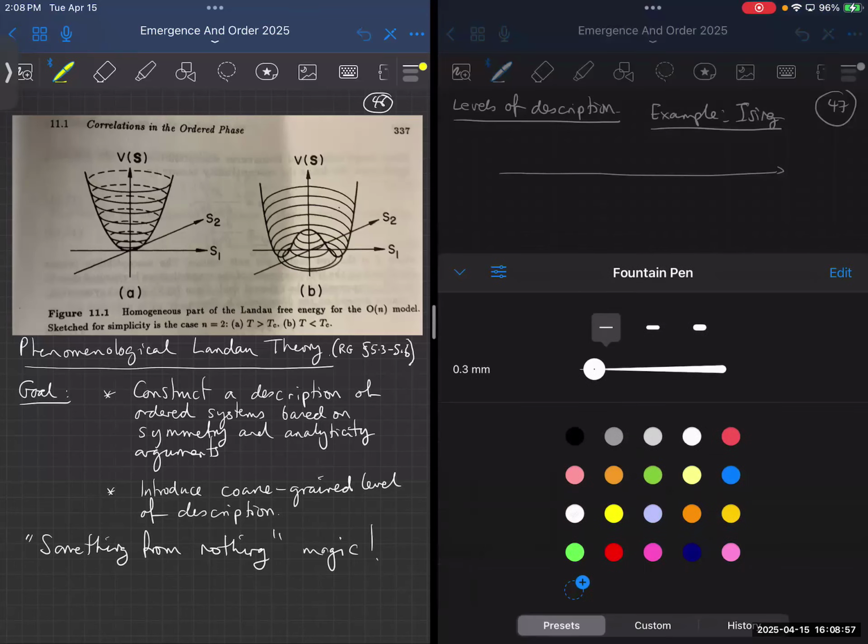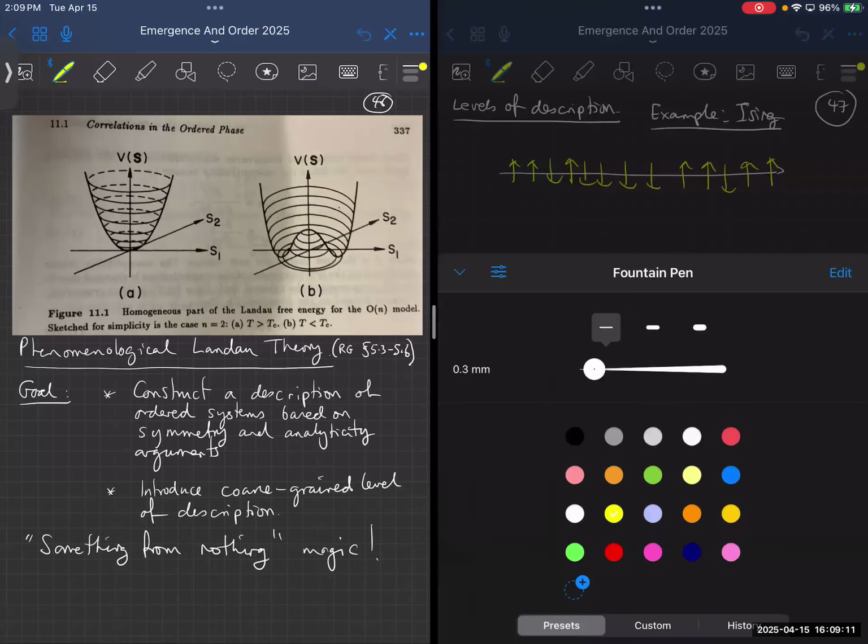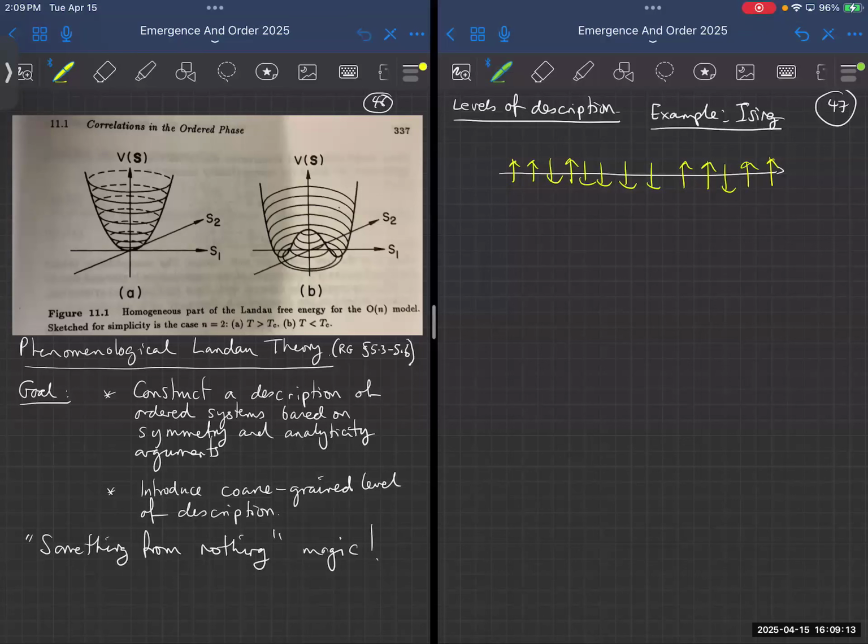So I've got a bunch of spins like this. That's a microscopic configuration. And I might say that this is a fine description of the system, but it's much more detailed than I need.